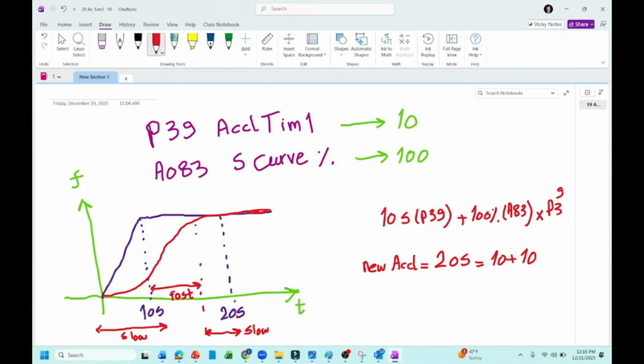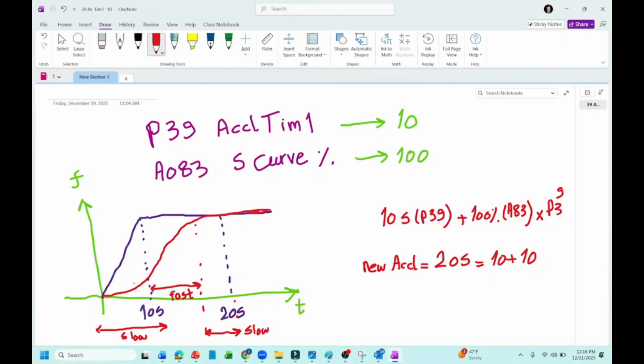That means your new acceleration time is 20 seconds, as you see in the red graph here, and it happens more smoothly compared with P39. In the beginning the frequency goes up slowly, at a soft rate. Then it is a little faster in increasing the frequency, and again close to the 20 seconds it is smoother, and finally you reach from 0 to 50 hertz following a softer pattern.